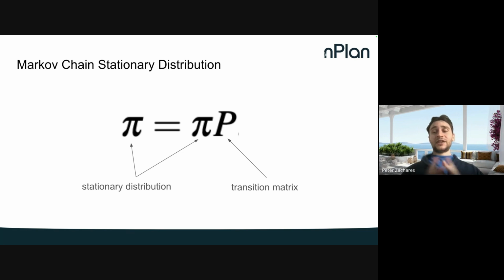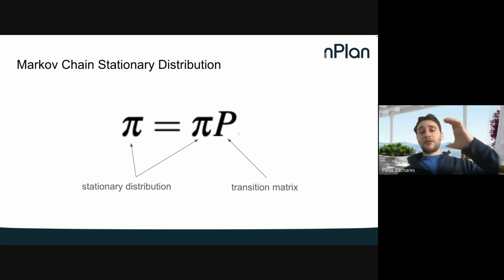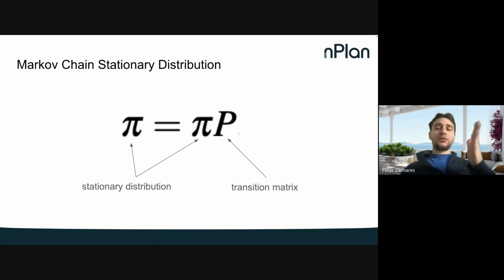So for example, maybe A has a probability of 0.5, and when you multiply it by the transition matrix, 0.3 of that goes to state C. That means that 0.3 has to come from some other state or set of states into A.